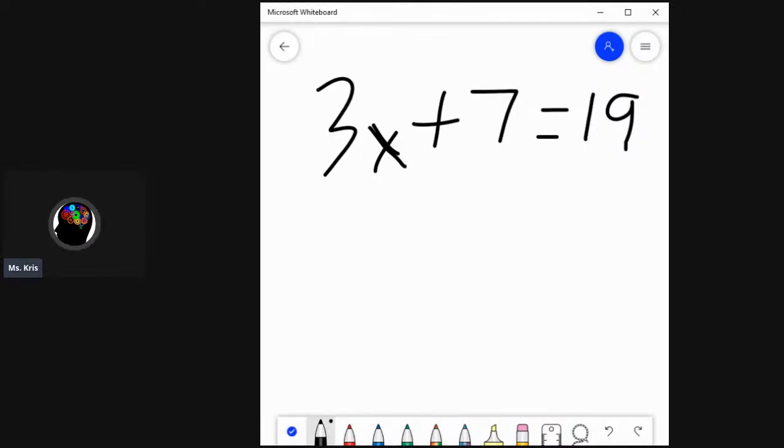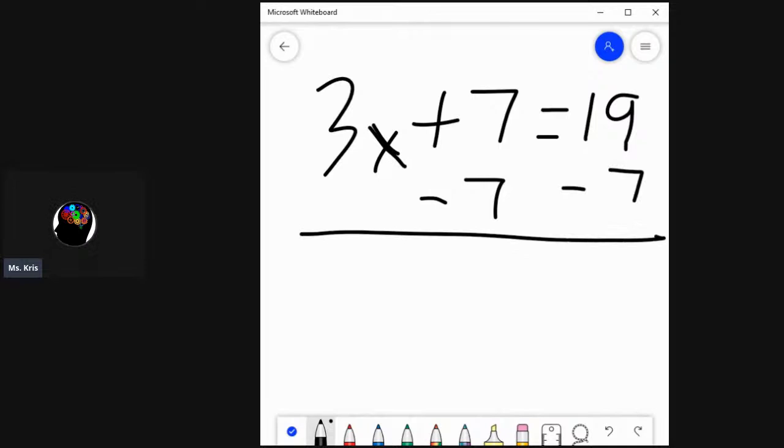So how do I solve or find x? Well, first things first, I must get rid of my plus sign. How do I get rid of my plus sign? By subtracting the 7 on both sides. Bring down my 3x, plus or minus 7, those cancel, which leaves me with my equal sign. And then 19 minus 7, that leaves me with 12, because 9 minus 7 is 2, and you bring down your 1.